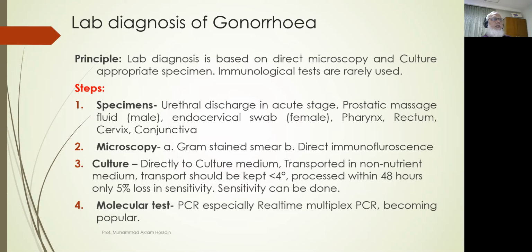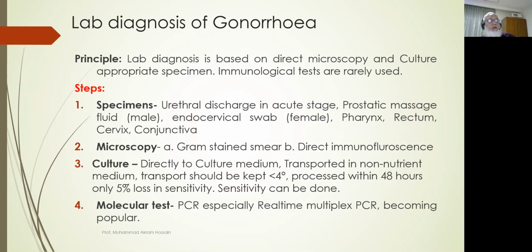The laboratory diagnosis is based on direct microscopy of appropriate specimen and culture also. Immunological tests are very rarely used due to variation in the antigenicity of Neisseria gonorrhoeae. What are the steps? We should take the urethral discharge in acute stage, prostatic massage fluid in case of male in chronic stage.